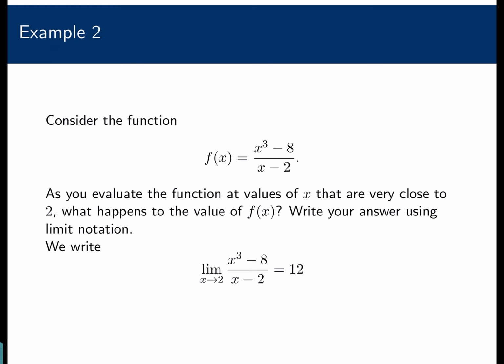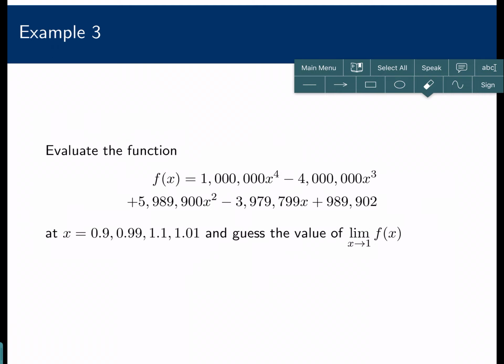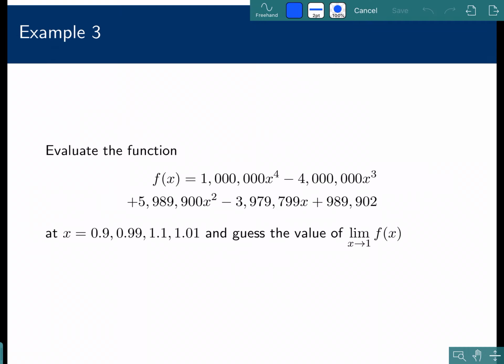Now, guessing like that can have some problems. I'm going to show you this one. This is a very strange function. f of x is 1 million x to the fourth minus 4 million x cubed plus 5,989,900 x squared minus, you can read that all.